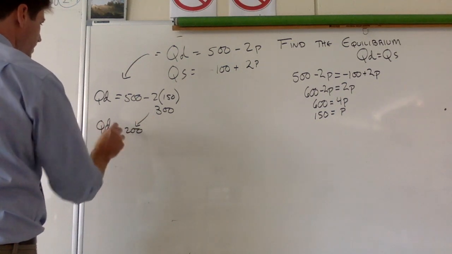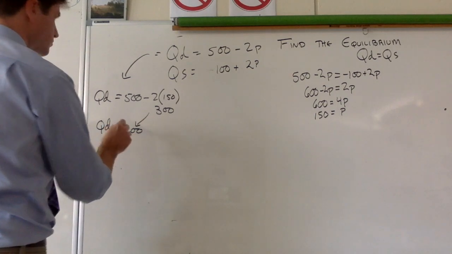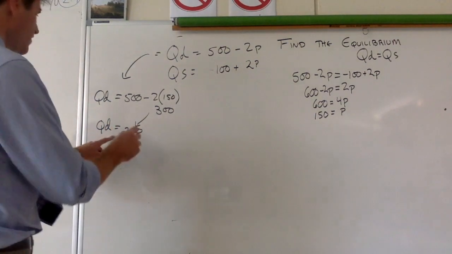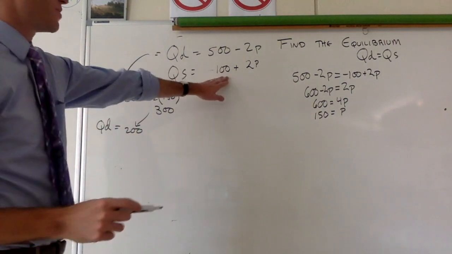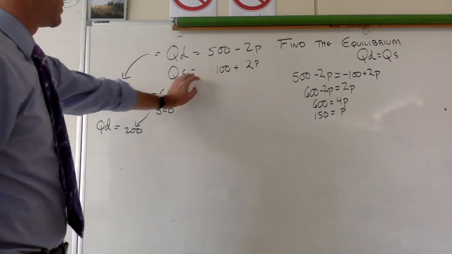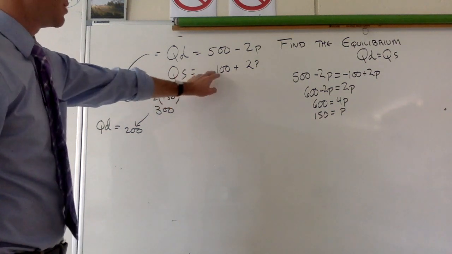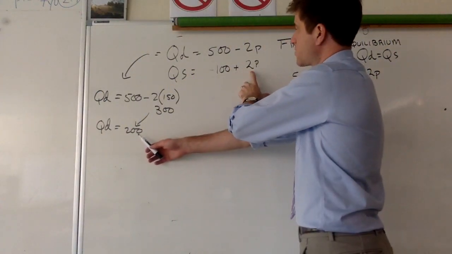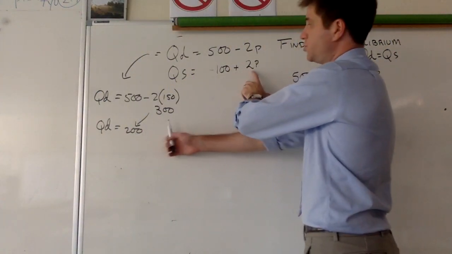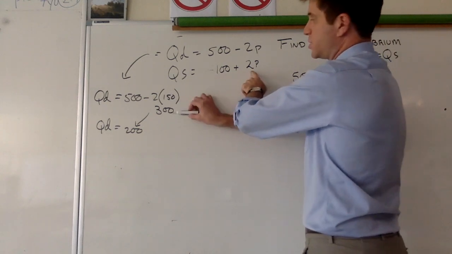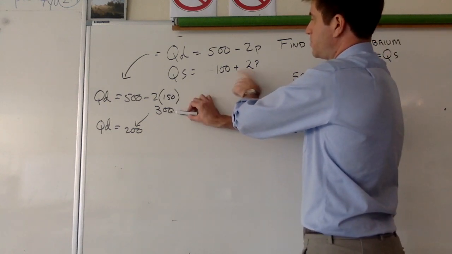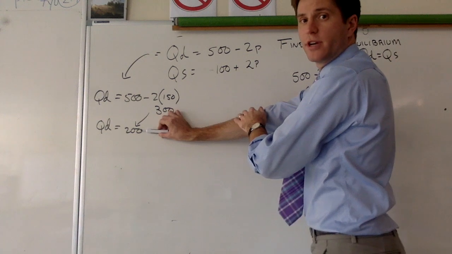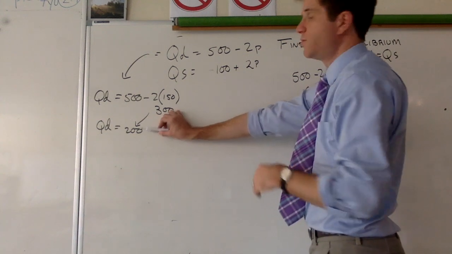So quantity demanded is 200. I could have done the same thing with supply: quantity supplied equals negative 100 plus 2p, and 2p is 300, and 300 plus negative 100 is 200. So it's going to be the same each way that you go through it.